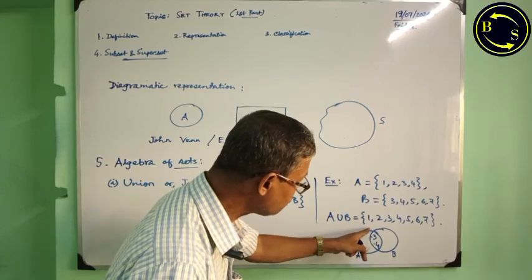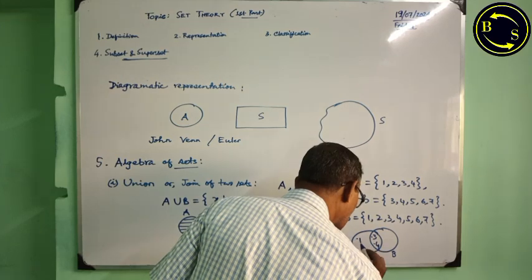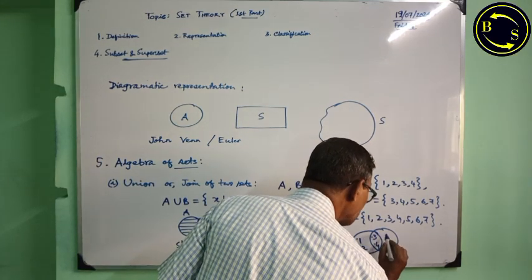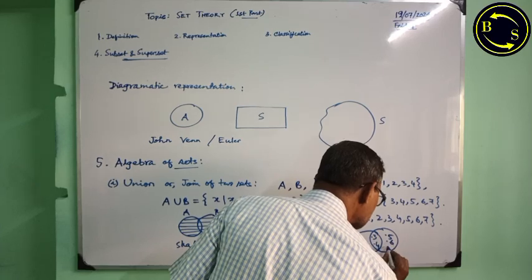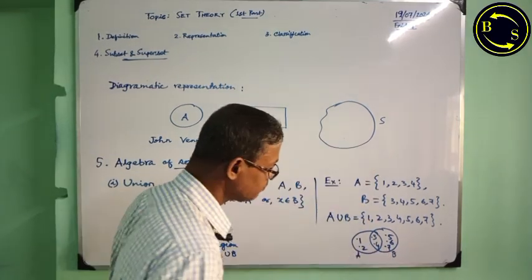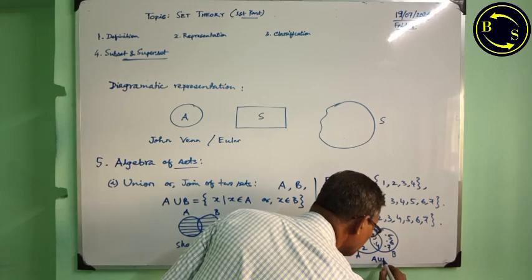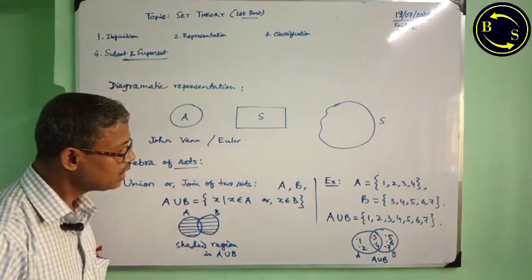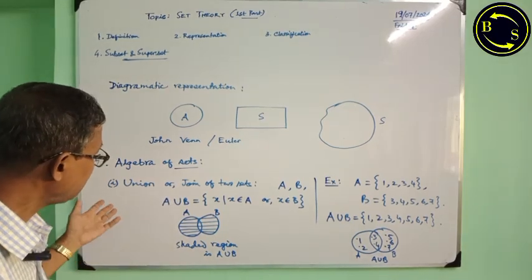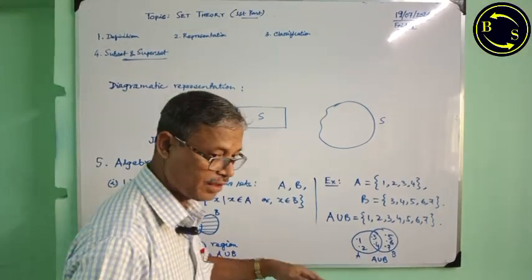Therefore, those are to be written in the common part. 1, 2, 5, 6, and 7. This is the A union B. Therefore, we have discussed union or join of two sets A and B.